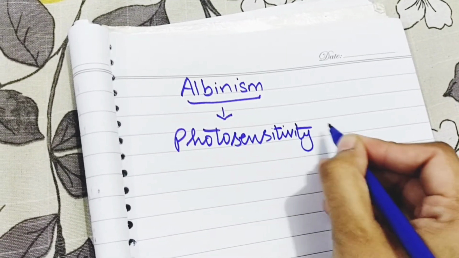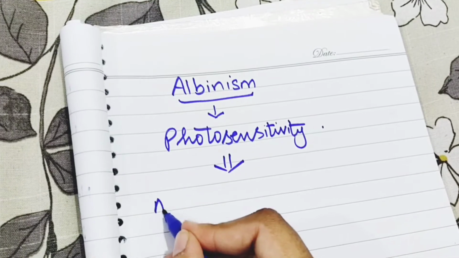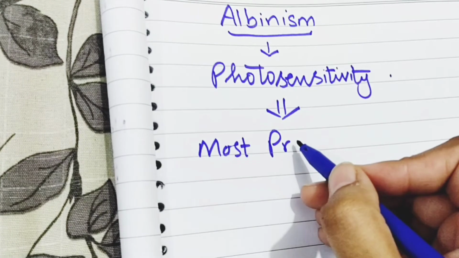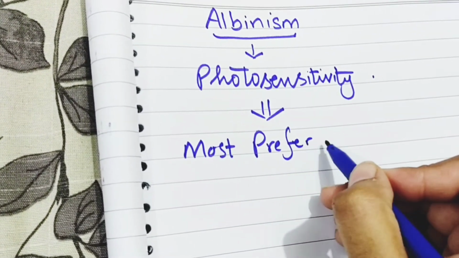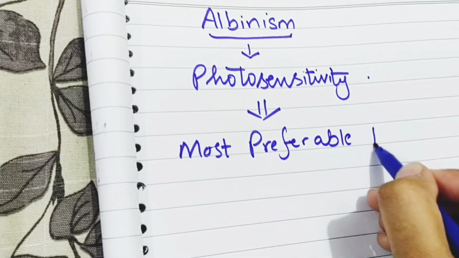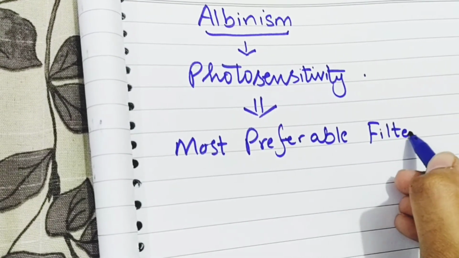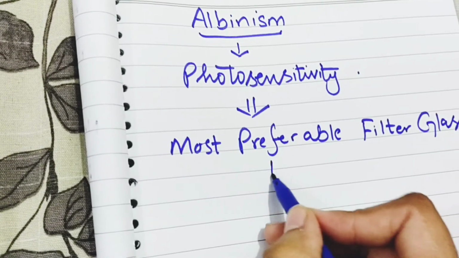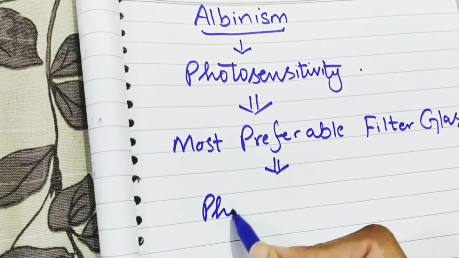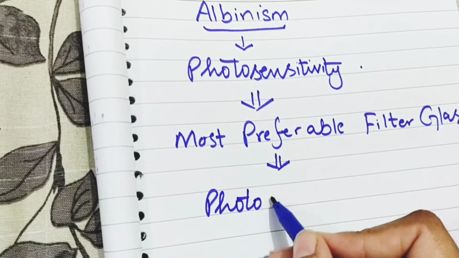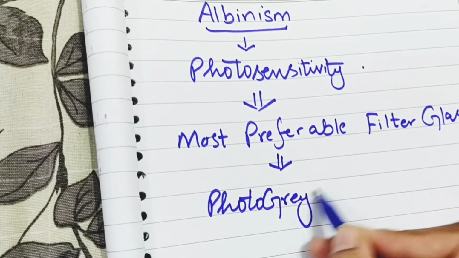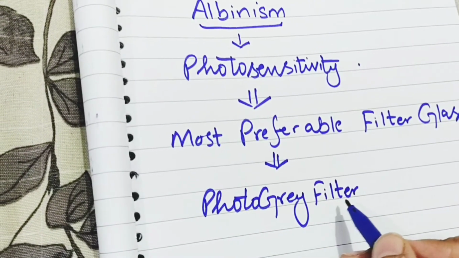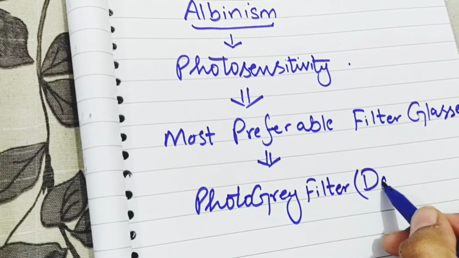So we will solve this problem by filters. The most preferable filter for patients with albinism is photosun glasses and photogray filter. Photogray filter is not changeable in its color.